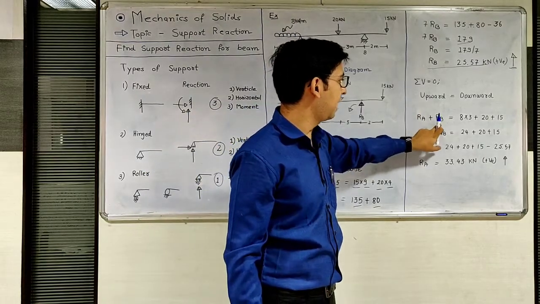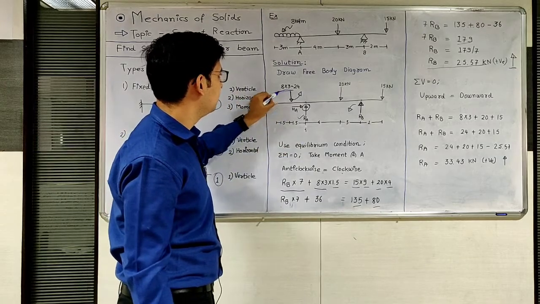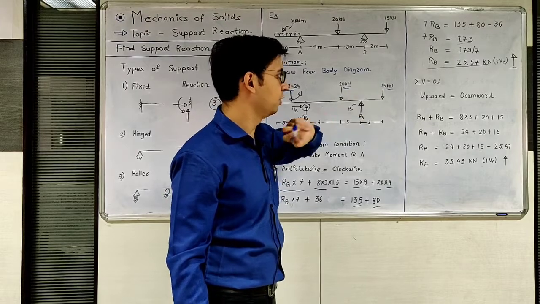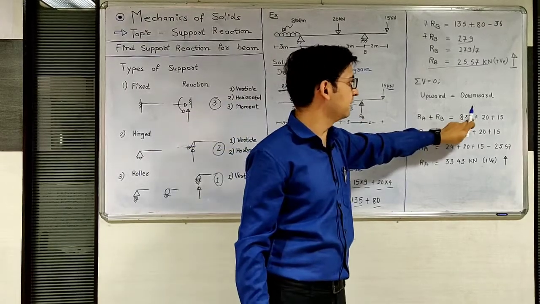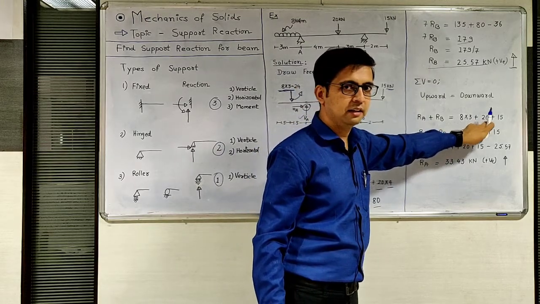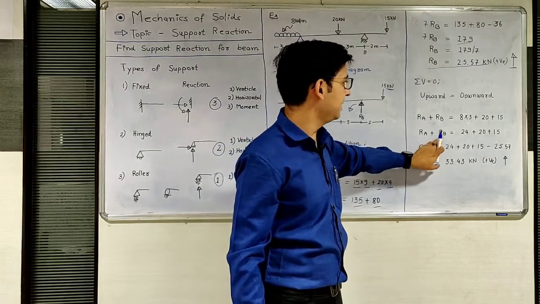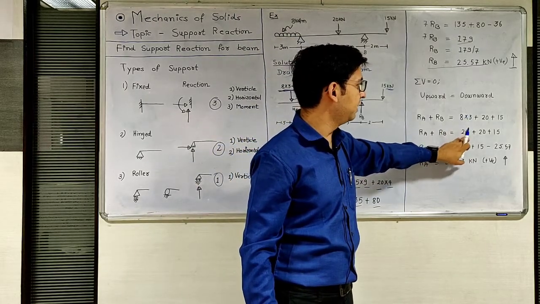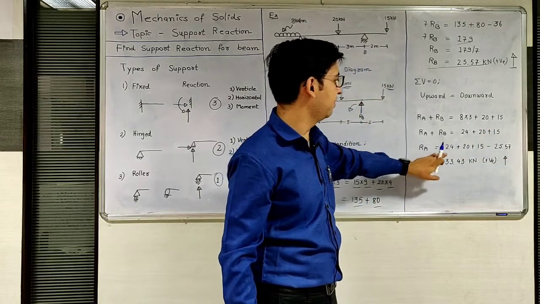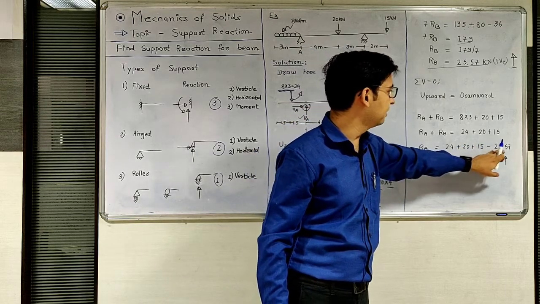So RA plus RB equal to the downward forces, due to the UDL to point load conversion and these two point loads. So 8 into 3 is the UDL to point load downward force, then plus 20 and plus 15. So RA plus RB equal to 8 into 3, 24, plus 20 plus 15. So RA equal to 24 plus 20 plus 15 minus RB.